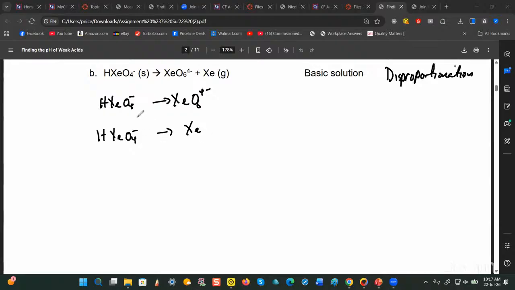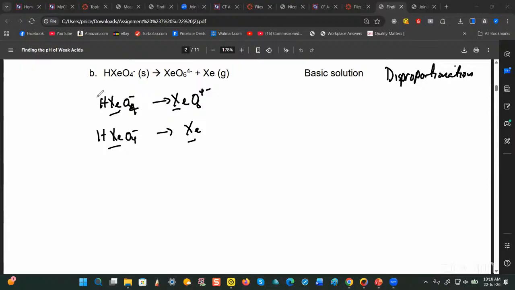All right, so now that we have separated the equation into 2 half equations, what's the next step based on what we have done before? Balancing the oxygens. Well, we balance everything except oxygen and hydrogen first, which would be xenon in this case, which is balanced here and balanced here, all right? Right, so basically you look for all atoms except oxygen and hydrogen, and you balance those first.